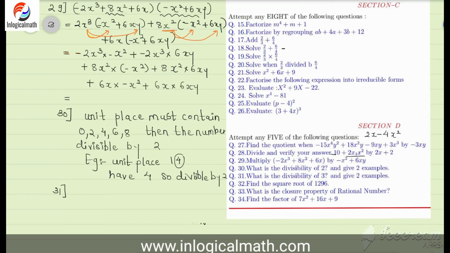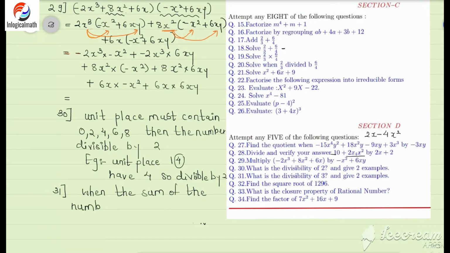So the divisibility of 3 says that if the sum of the digits of the number is divisible by 3, then the number is divisible by 3.